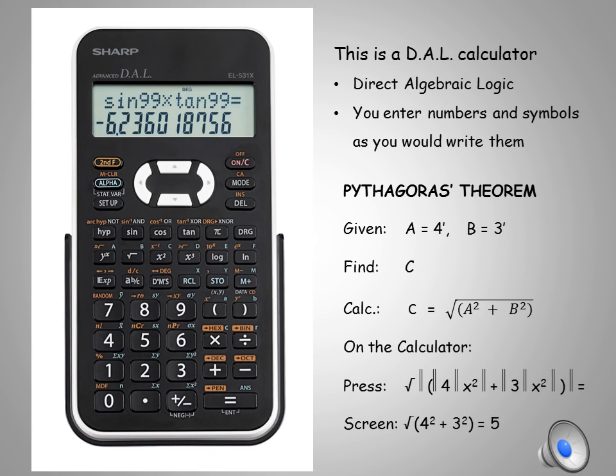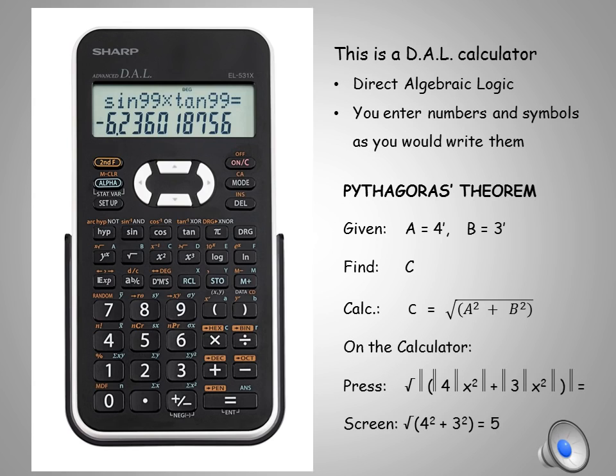If we're looking at a right-angled triangle, and we're going to use Pythagoras' theorem, and we're given that the A arm is 4 feet, the B arm is 3 feet, and we have to find the sloping side, we know that C is the square root of A squared plus B squared.